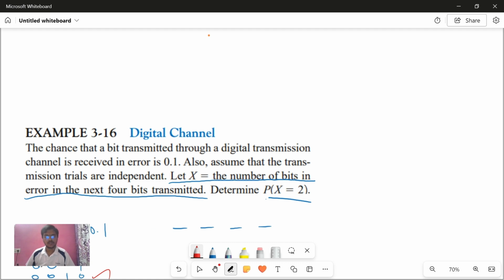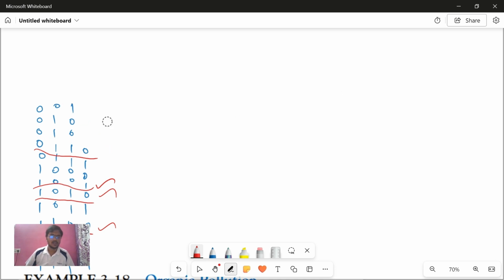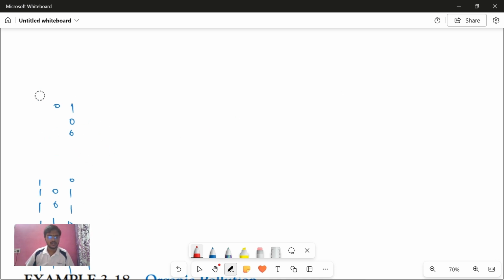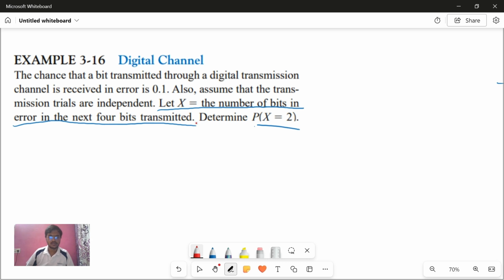Even though it is the binomial expansion itself, we have to think of how the formula came. For that, I'll tell you the intuition from this question. Examples I'll solve separately in the next video, but before that, I wanted to give this. This was an example from a book, but for the intuition purpose, I took this example.